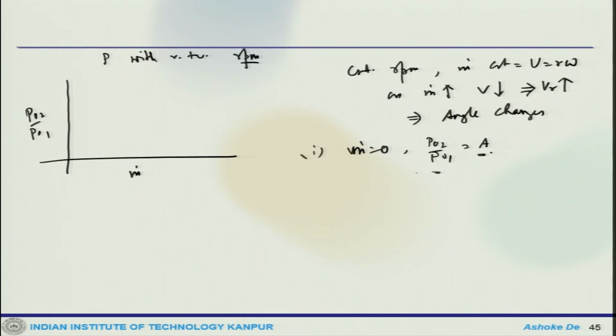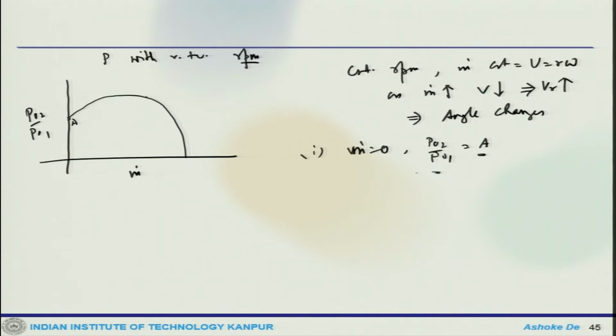So, this is what happens. The curve goes like this, and then comes like this, and somewhere like this. So, this is A, which we were just talking about.